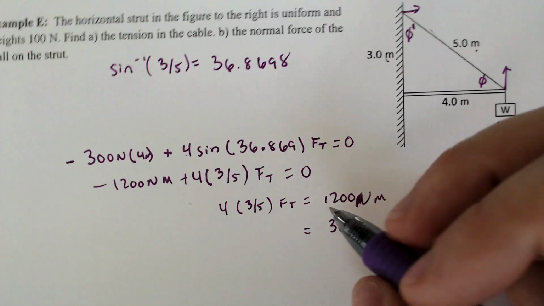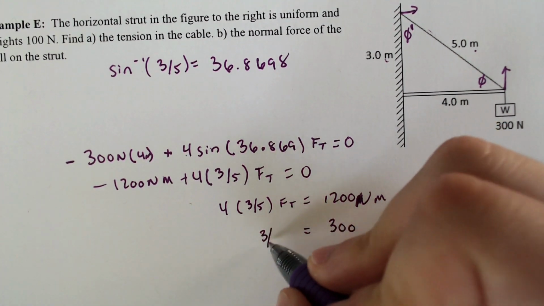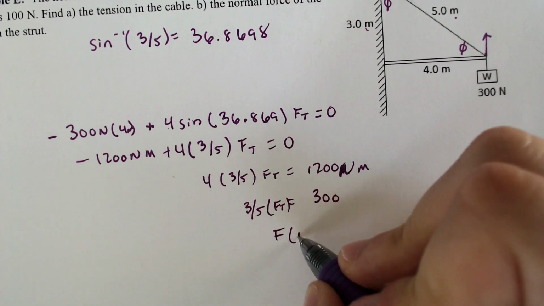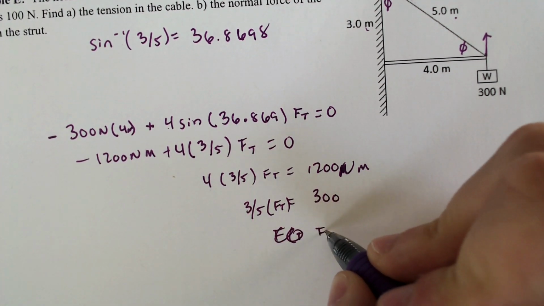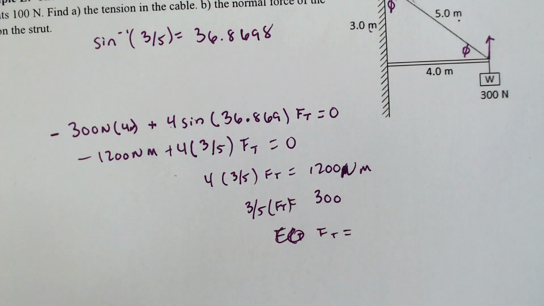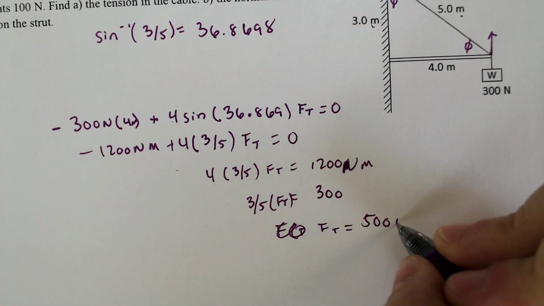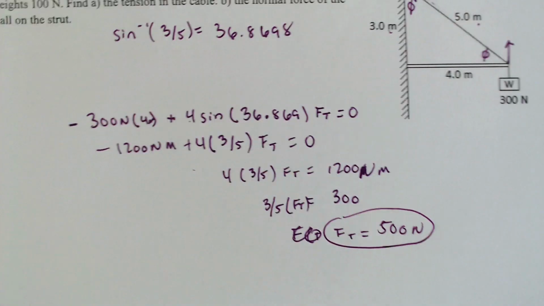And then divide by 3/5. If we divide by 3/5, we find out our force of tension on that would equal 300 divided by 0.6, which is 500 newtons. All right, that's nice.